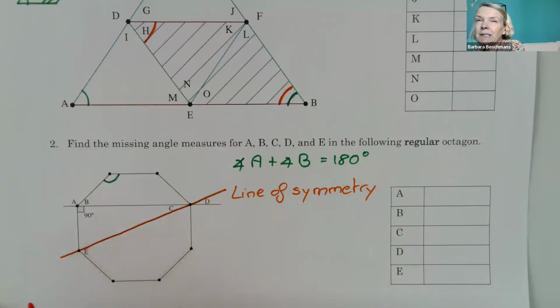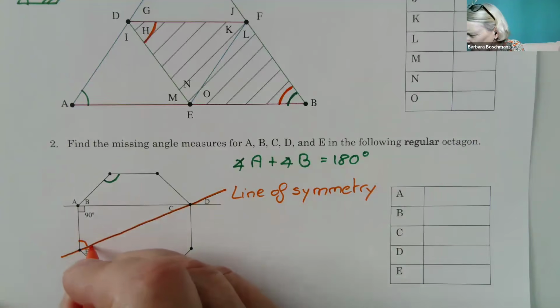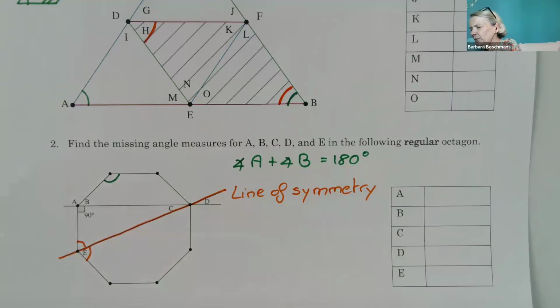A line of symmetry cuts a shape in half. It also cuts angles in half. That should help you find E.